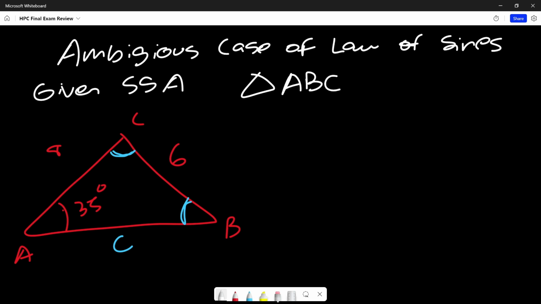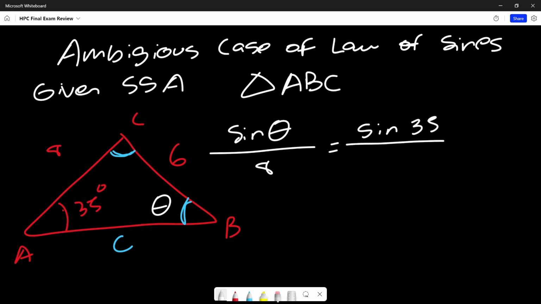So first, let's find this angle over here. We'll call this angle theta. So we'll say sine theta over 8 is equal to sine 35 over 6.